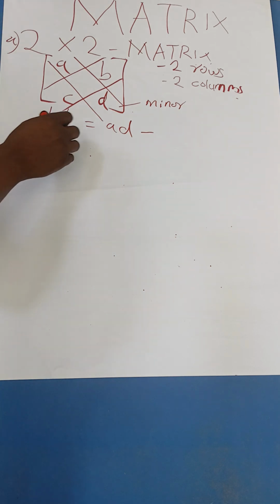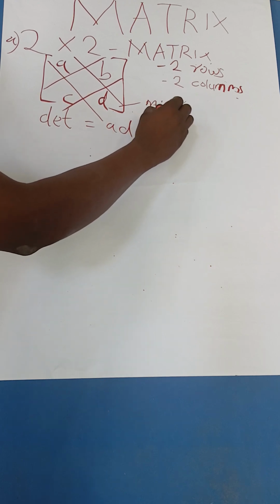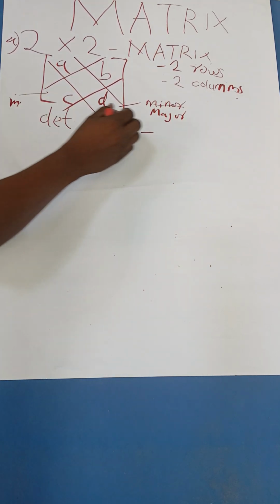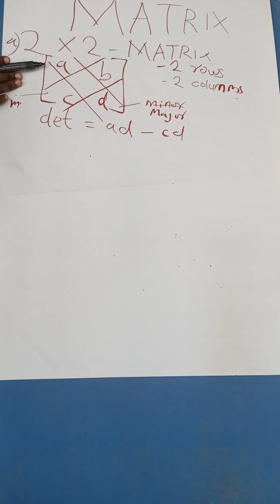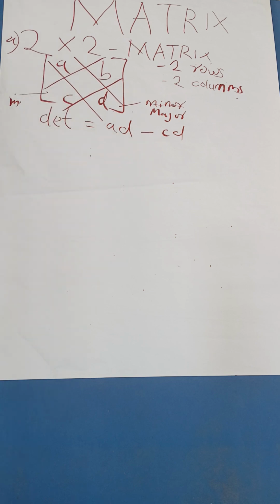BC, this one is the major diagonal. So to get the determinant, you multiply AD minus BC. In case you have values here, you just do what we have done. Good. That is the determinant.